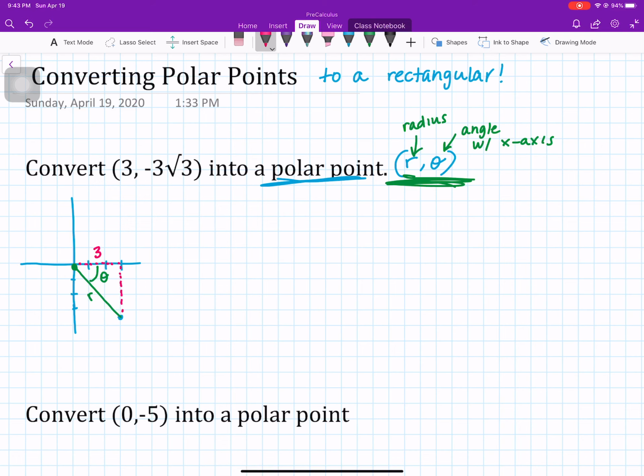So this is 3, and this is root 3. And then you have all the information you need to figure out your missing side. Now, some of you might already notice this as a 30, 60, 90 triangle, but just in case you didn't recognize your proportions, you would do your Pythagorean theorem to figure out your r.